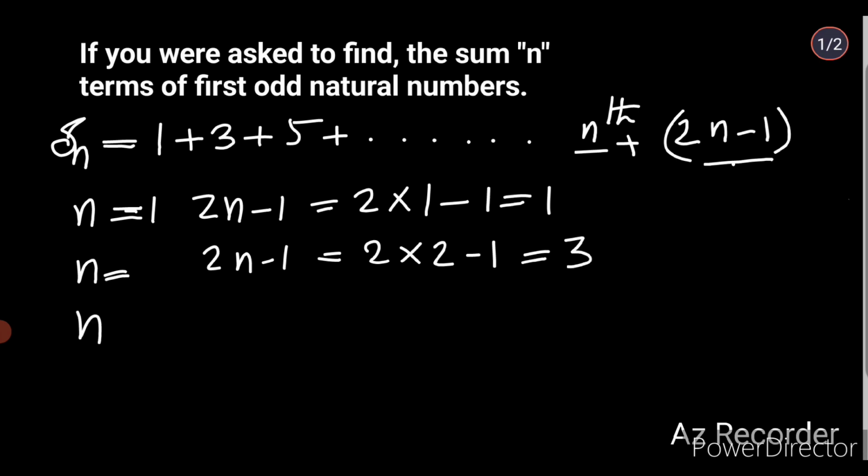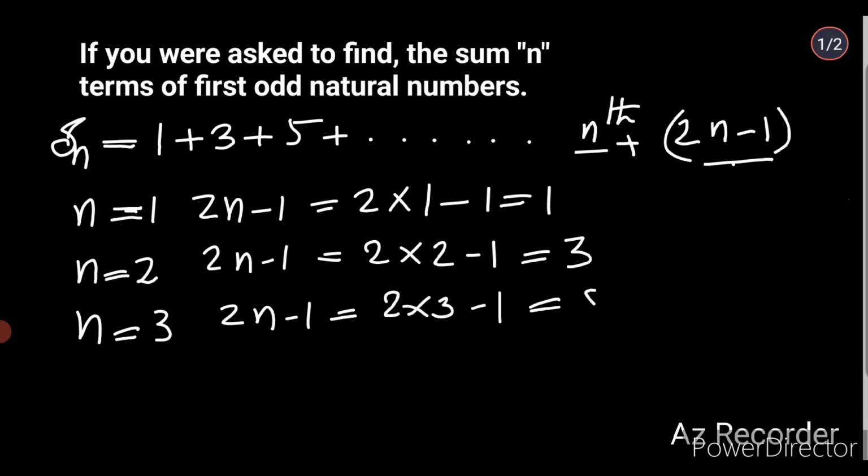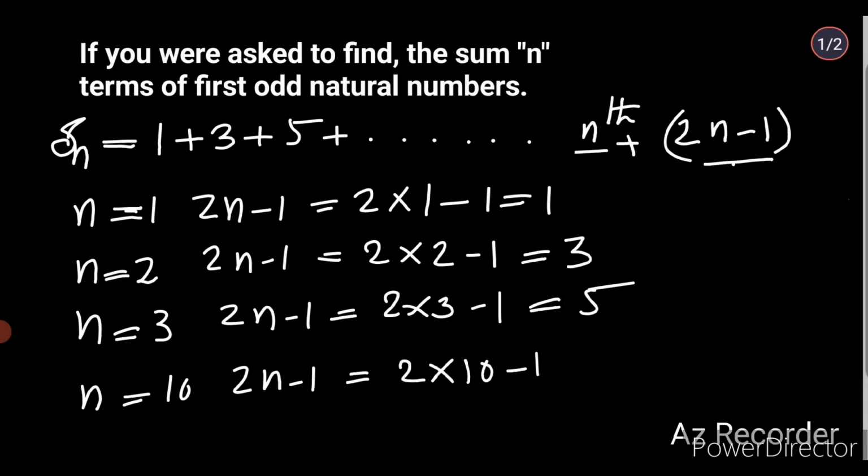If n is equal to 3, 2n minus 1 is equal to 2 into 3 minus 1, that is equal to 5. If n is equal to 10, 2n minus 1 is equal to 2 into 10 minus 1, which is equal to 19. So you are getting a sequence of odd numbers from this formula 2n minus 1. So the last term will be 2n minus 1.